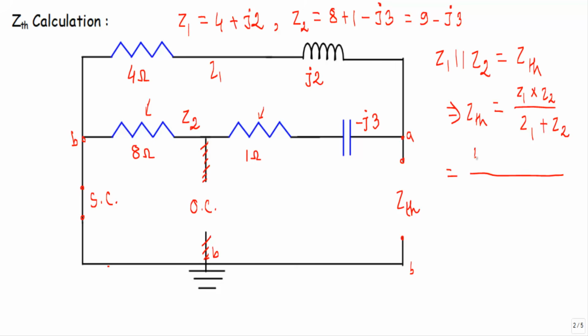Z1 will be equal to 4 plus J2, and what will be Z2? 9 minus J3, divided by 4 plus J2 plus 9 minus J3.